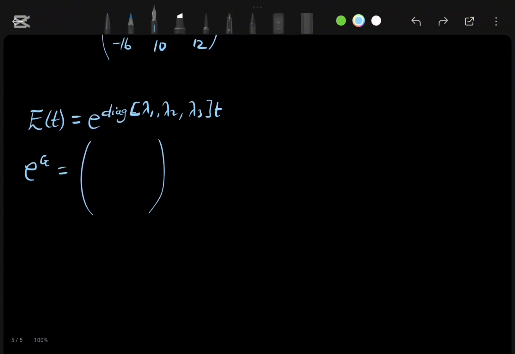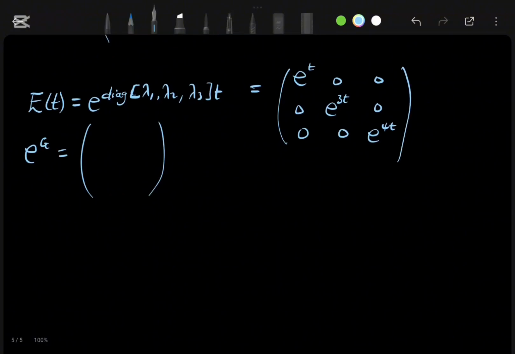So we will just focus on E of T, which is given by E to the power T, 0, 0, 0, E to the power 3T, 0, 0, 0, E to the power 4T.